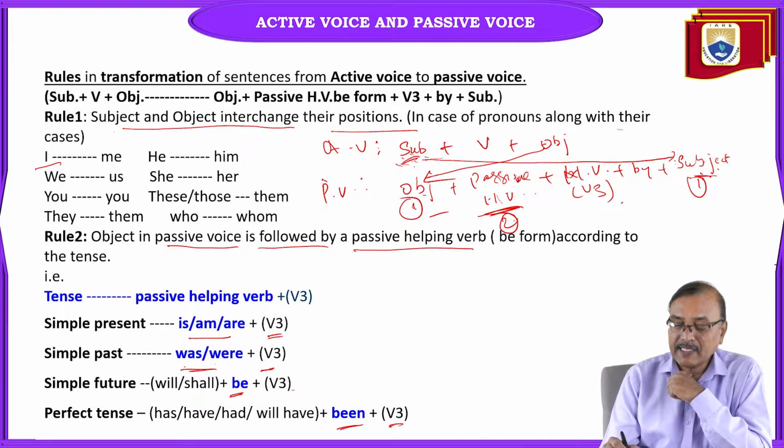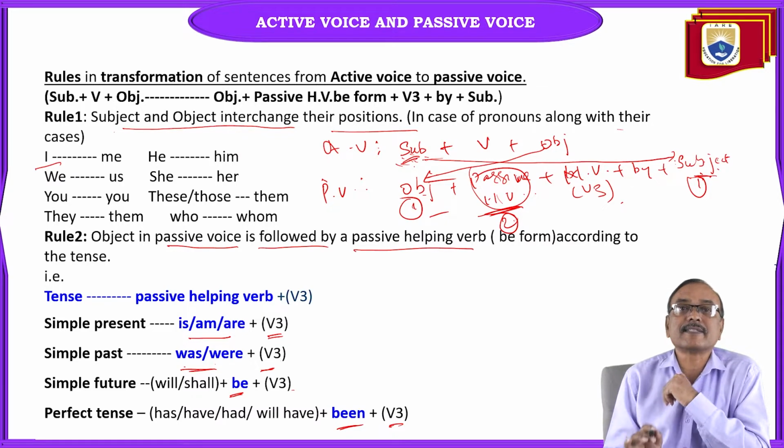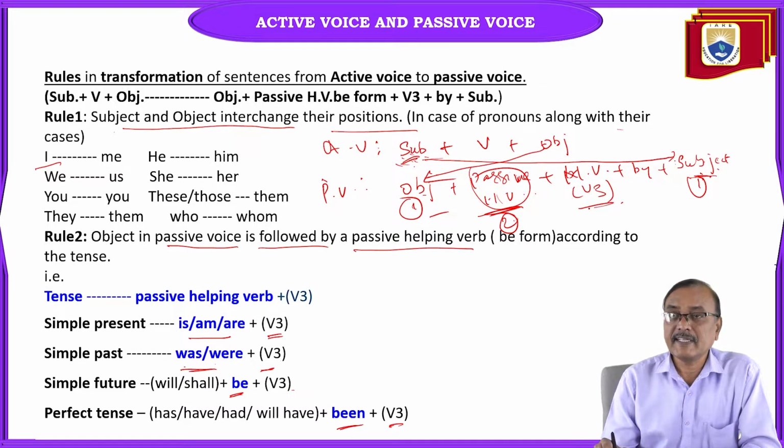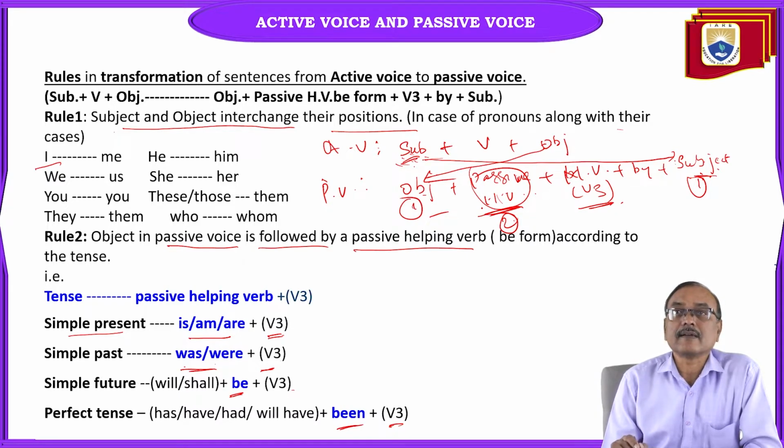So this passive helping verb in passive voice will be according to the tense. Before V3, you have to use one passive helping verb, that is a be form. If it is simple present tense, before V3 use "is", "am" or "are", followed by V3.